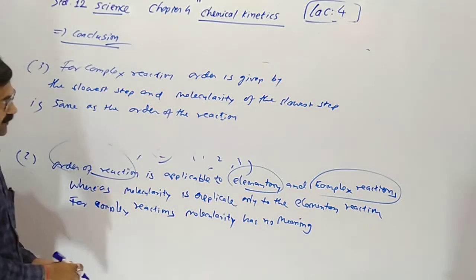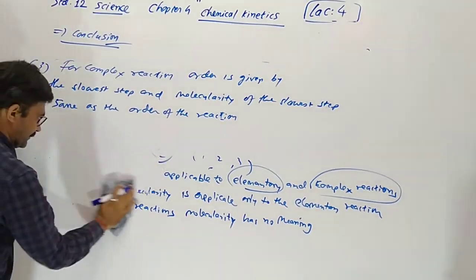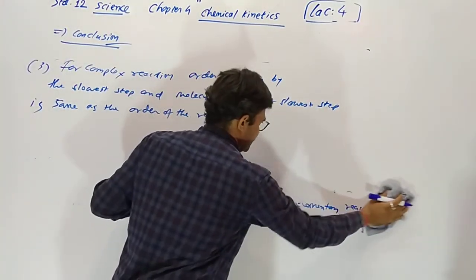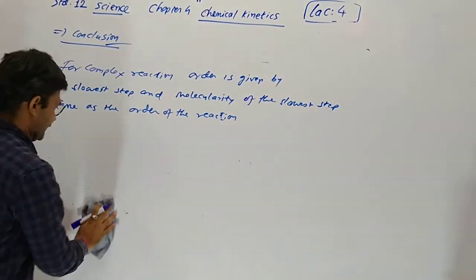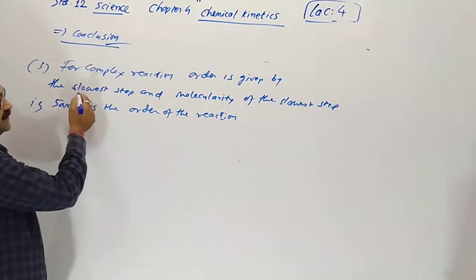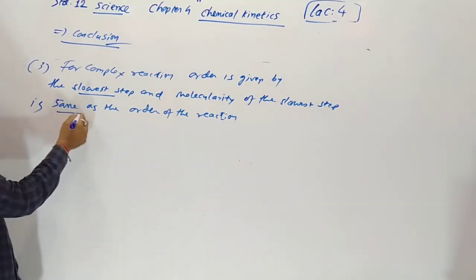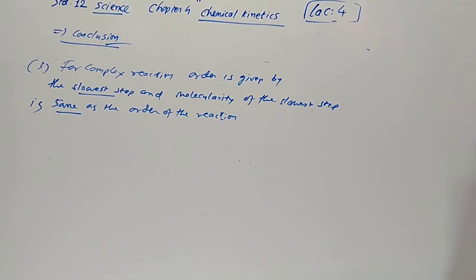Whenever a reaction is complex, it occurs in many steps. On the basis of the slowest step, the order of reaction is derived. So the molecularity of this slowest step is the same as the order of the reaction.